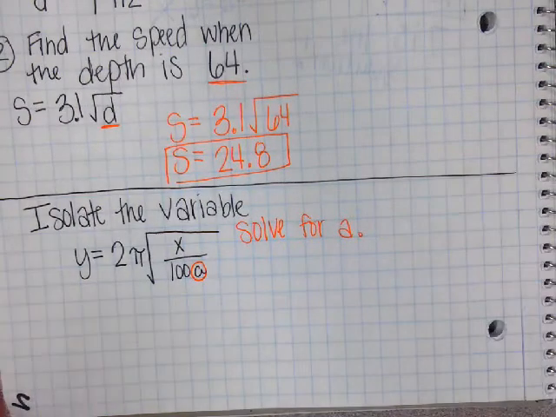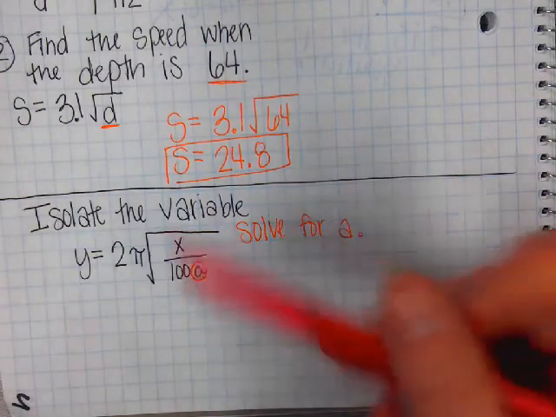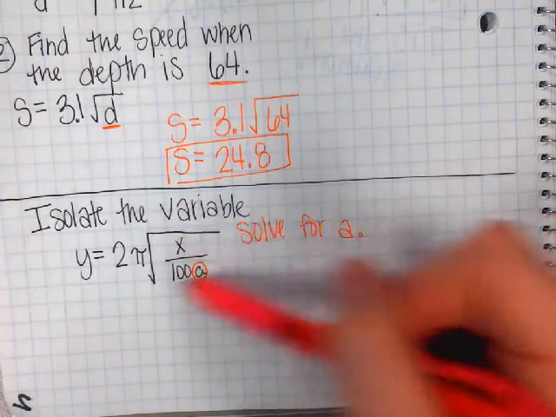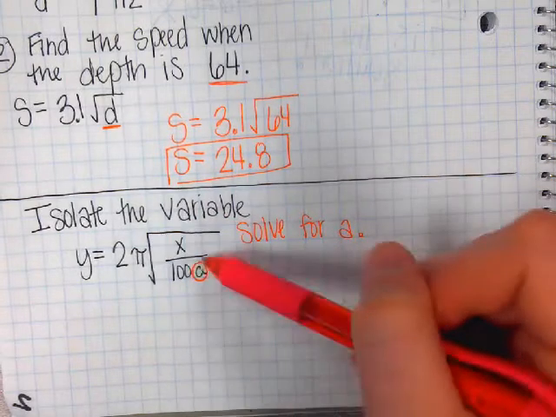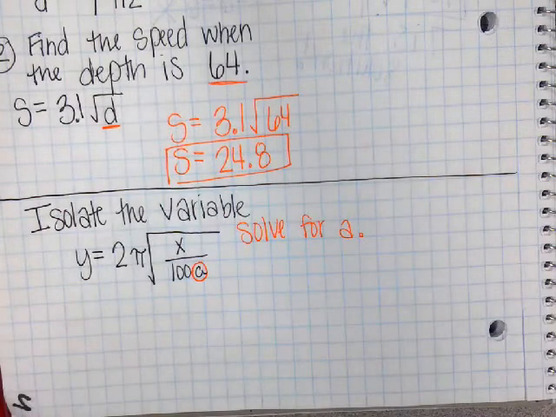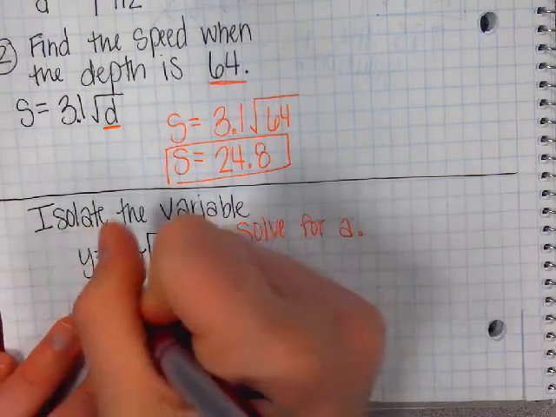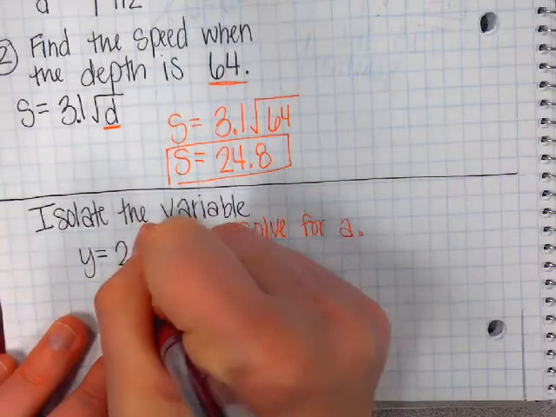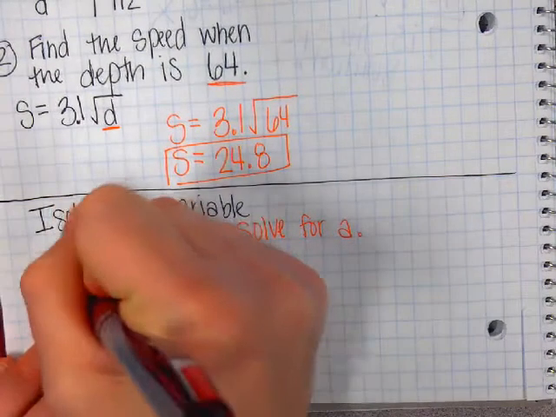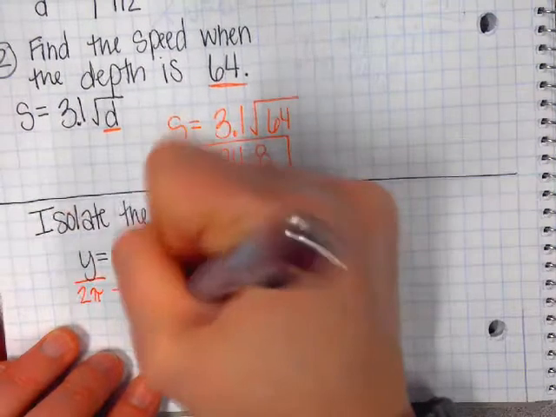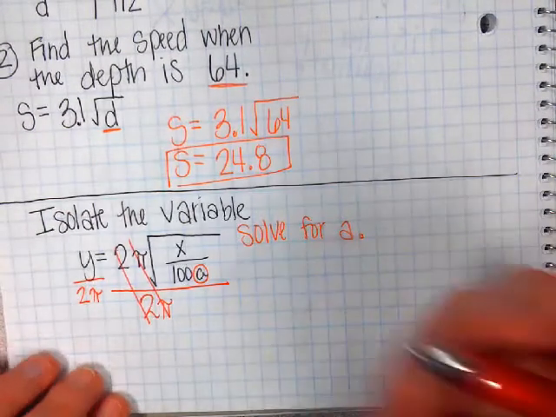In order to do that, and I probably did not leave myself enough room, I need to isolate the square root first. So I need to get this by itself. Since it's 2 pi times the square root, I need to divide by 2 pi on both sides. That would cancel.